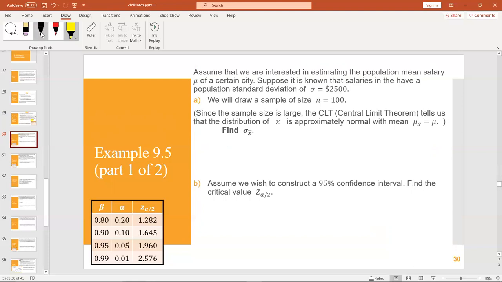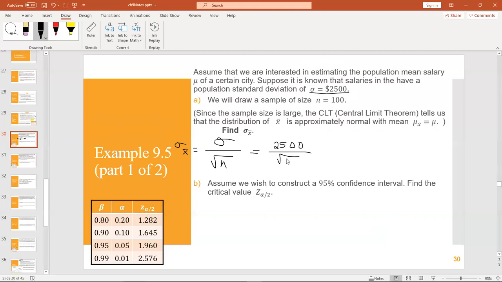So we need to find sigma x bar. Sigma over the square root of n, that is sigma x bar. That's the formula that we're going to use for this. So they tell us sigma, which is 2,500. They tell us what n is.